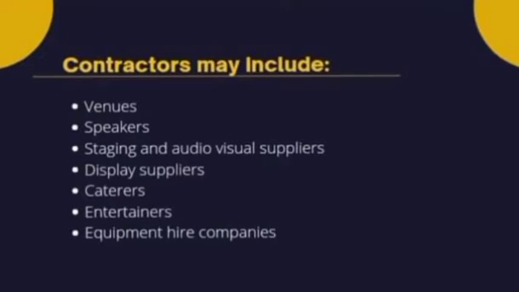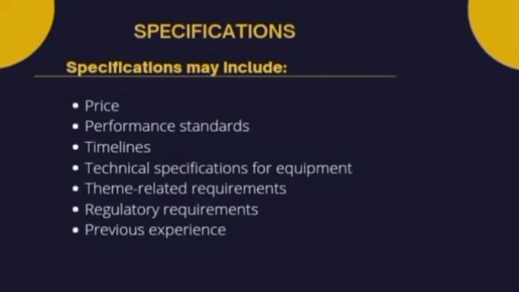Contractors may include venues, speakers, staging and audiovisual suppliers, display suppliers, caterers, entertainers, and equipment hire companies. Specifications may include price, performance, standards, timelines, technical specifications for equipment, theme-related requirements, regulatory requirements, and previous experience.